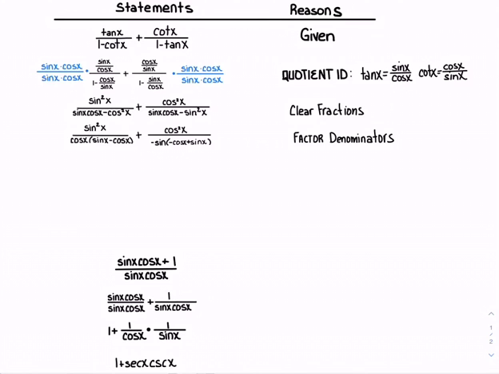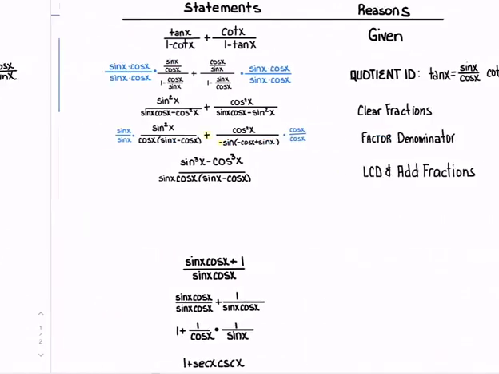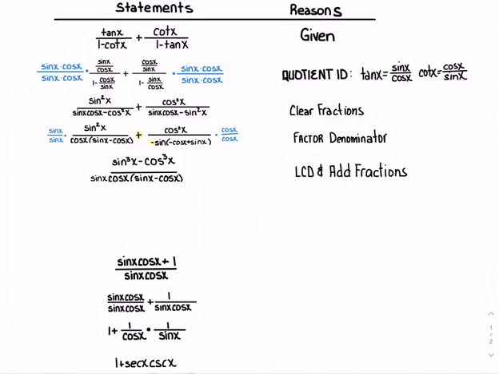To finish getting a common denominator, that first fraction is missing a sine x in the denominator, and the second fraction is missing a cosine x. So multiplying by those blue fractions so that I get a common denominator, which will then allow me to combine the fractions. When I combine the fractions, they're all over the common denominator.